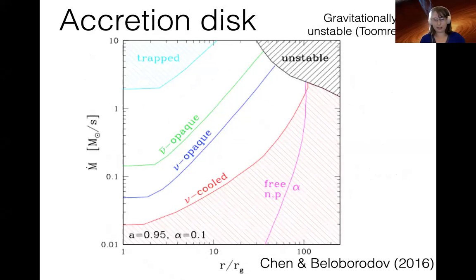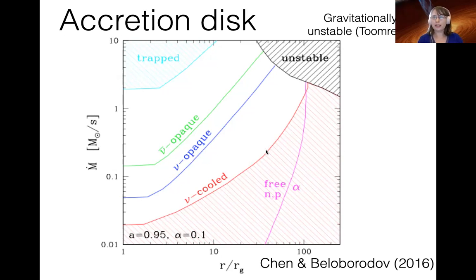So we're going to have something like this, just as a summary. This is a plot of the radius, and this is the mass accretion rate. So these are the outer regions of the disk, and let's just choose a random mass accretion rate and see what happens to the disk. In the outer regions, again, we have lots of alpha particles. At some point, they dissociate. There's a wind, and we're going to have free nucleons, neutrons and protons.